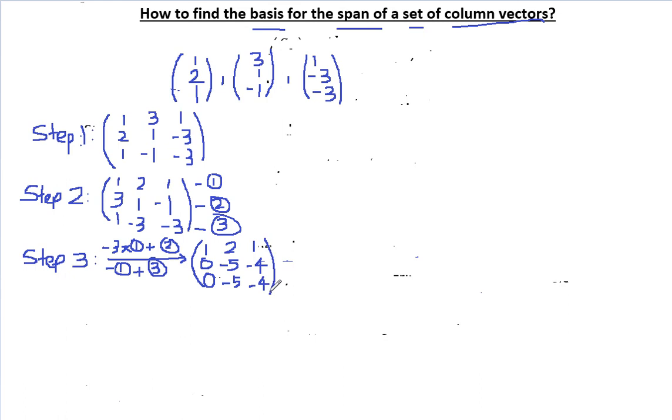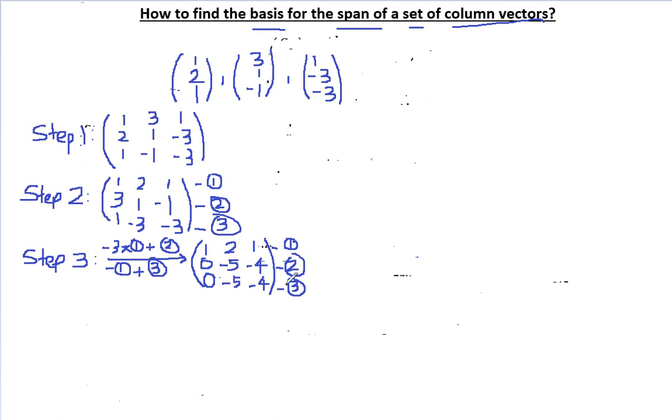From here, this is our new row 1, new row 2, and new row 3. Now we can eliminate the entry below minus 5 to 0.